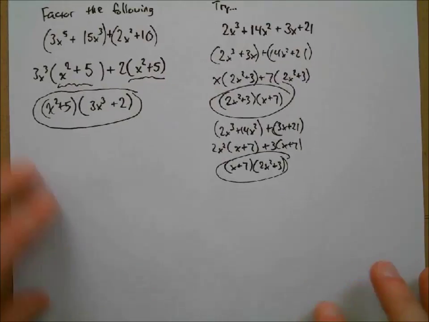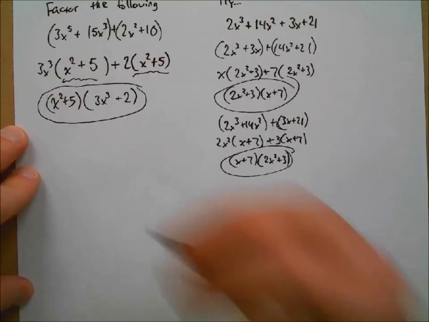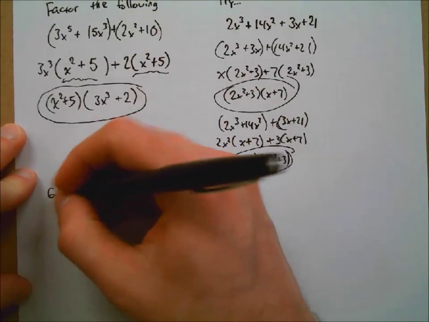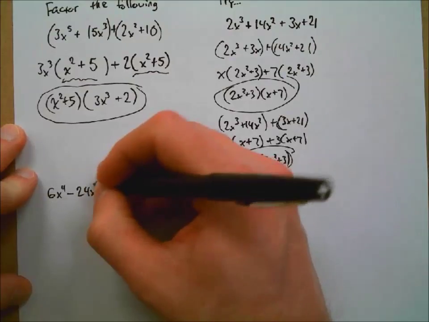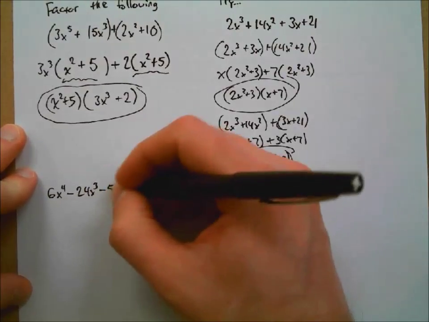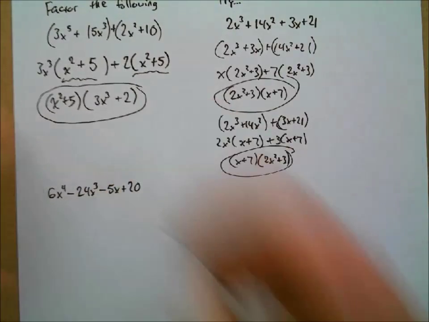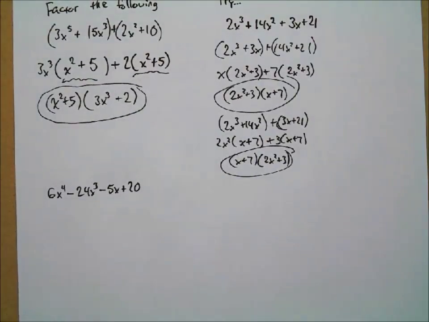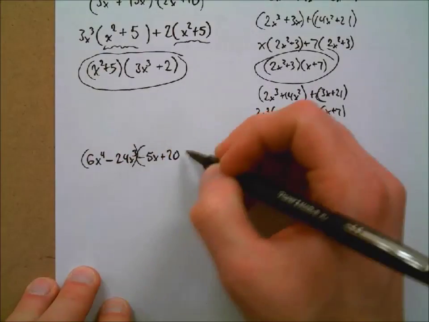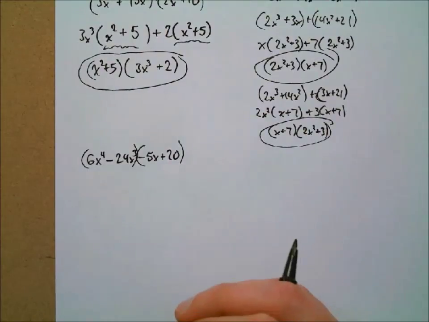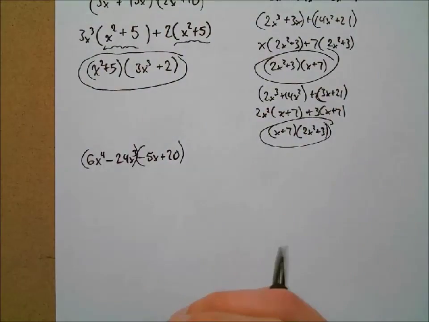Okay? So, 6x to the fourth minus 24x cubed minus 5x plus 20. So we group these first two together and group the second two together there. What can we factor out from that first group?